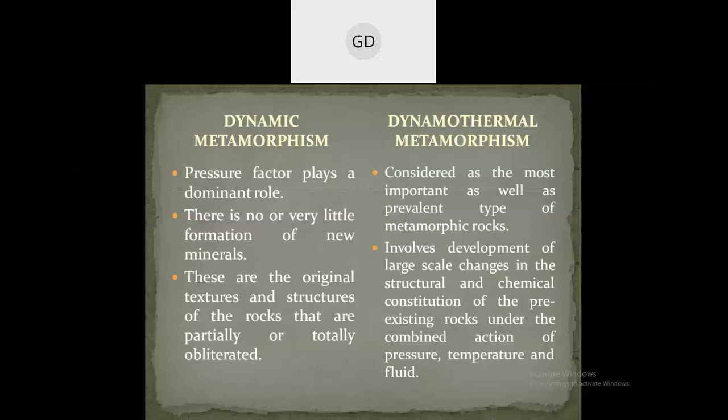Such conditions were available during mountain building activity in the history of the earth. These metamorphic rocks formed through regional metamorphism occur as extensive mountain belts, and also in the core portions of mountain systems. So this is dynamothermal metamorphism. These are the kinds of metamorphism that take place.